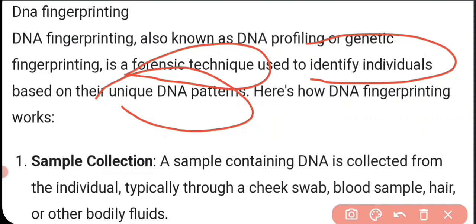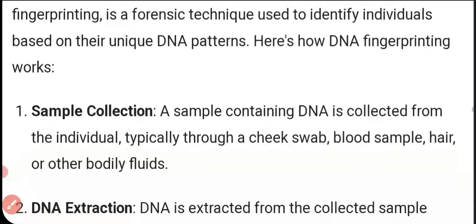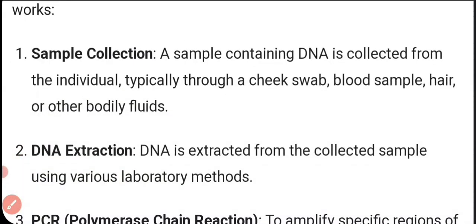Okay, so first we have to do what? Sample collection. We have to collect the sample by different methods like swab analysis, blood samples. Anywhere you can take the samples, different fluids of the body you can take, because that portion has DNA.